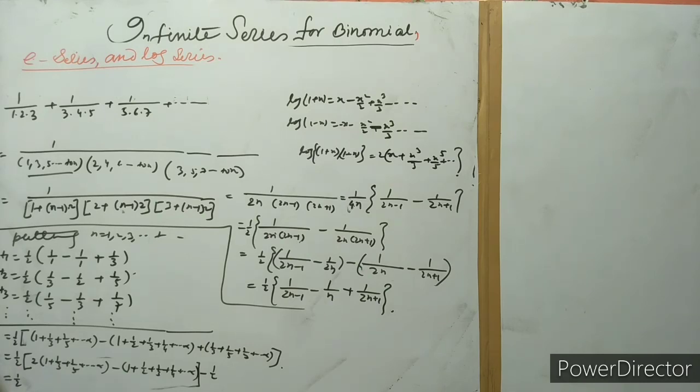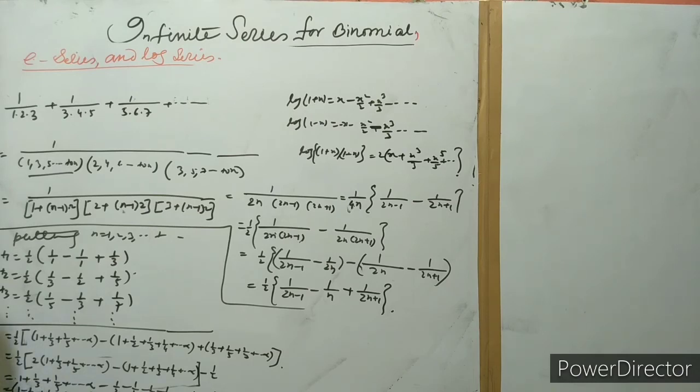What can I do? Okay, now multiply by 2 here: 1, 1 by 3, 1 by 5, and so on to infinity, and multiply this. So we get a half, 1 by 4, 1 by 6, 1 by 8, and this is here minus half. So see, this is here 1 minus half plus 1 by 3 minus 1 by 4. Okay, this is a series and this is a half.